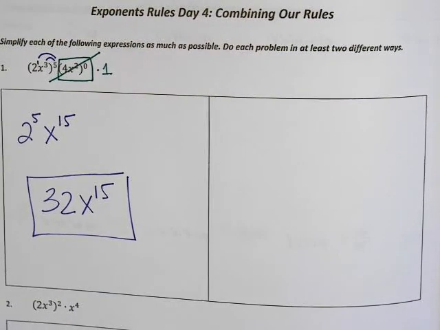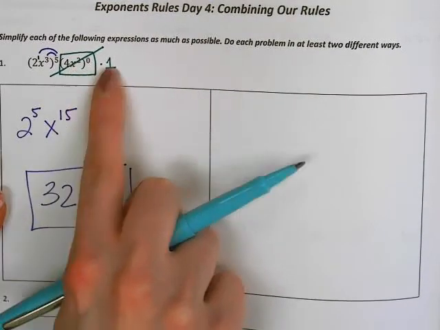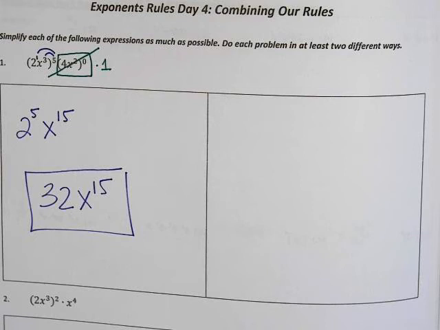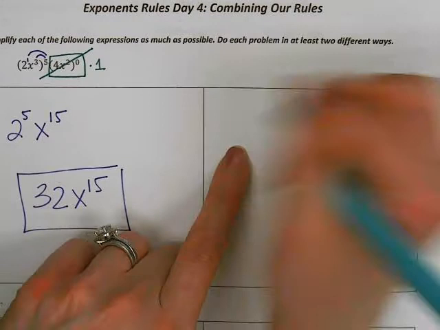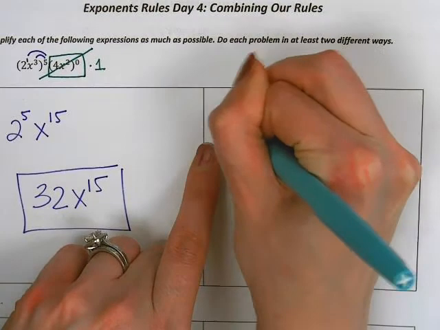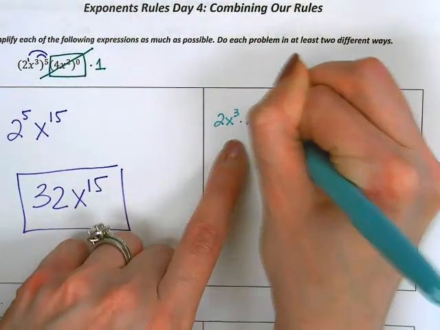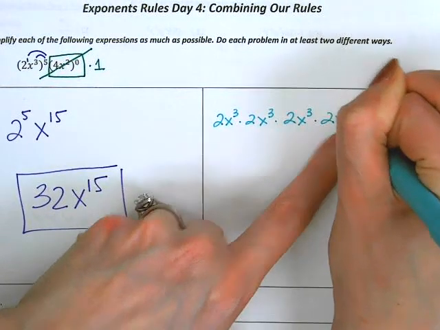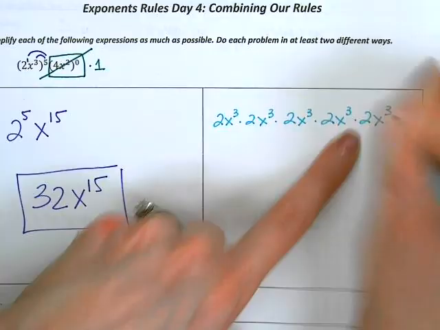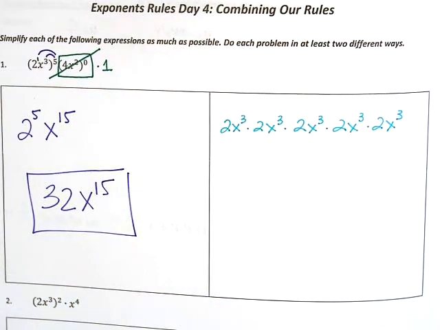Let's try another way. I would still start here. Anything to the 0 power is 1. The other way would be, if you don't like the rules, to actually just write it out. It's 2x cubed 5 times. Maybe for some of you this makes more sense. So 2x cubed 5 times.